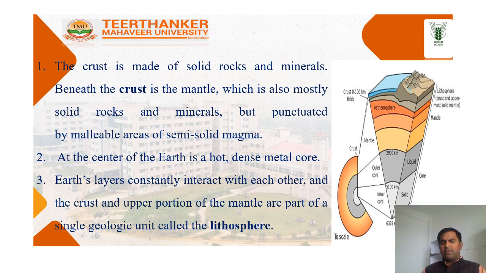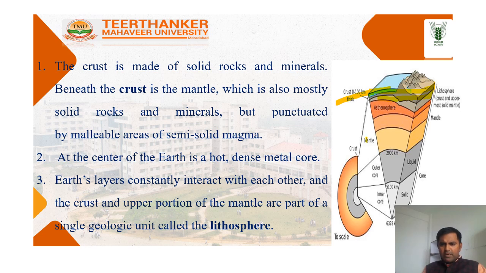And at the center of the earth a hot, dense metal core is found. Here you can see this is the metal. This one comes under the category of crust, and this one is the mantle.